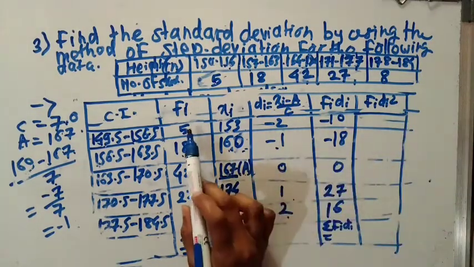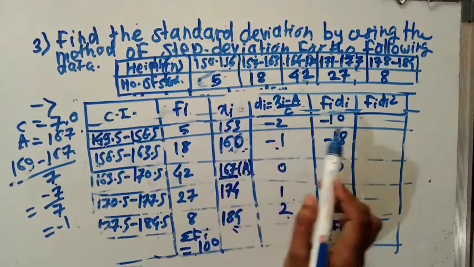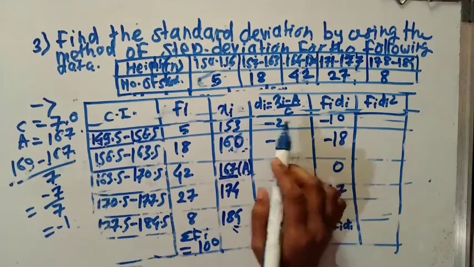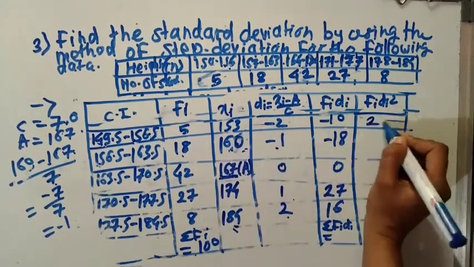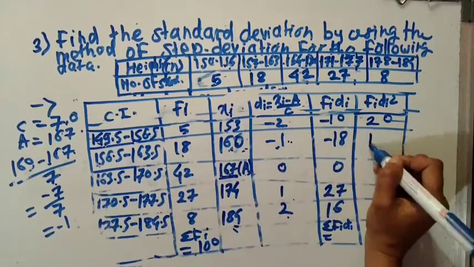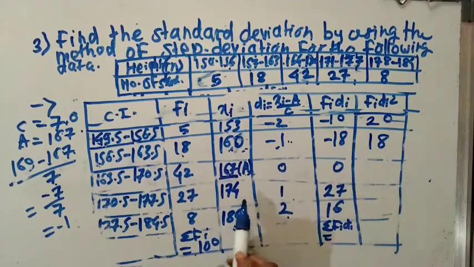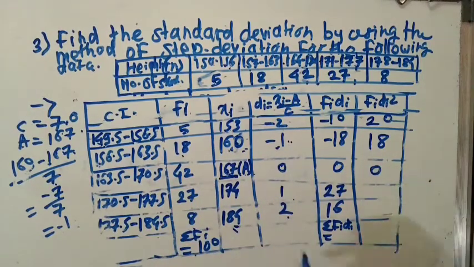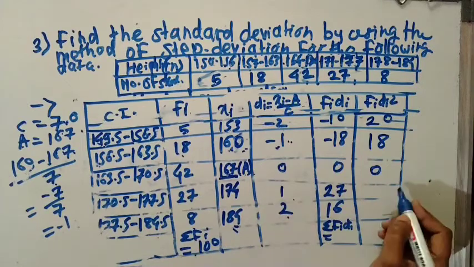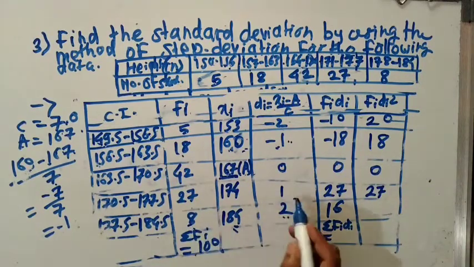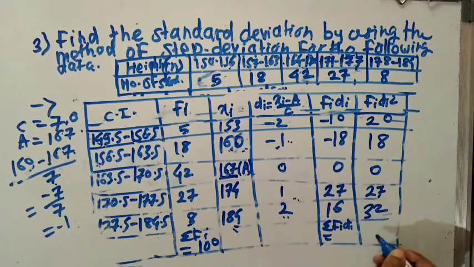For fi di square: 5 into 2 square is 20, 1 square is 1, 1 into 18 is 18, 0 square is 0, 27 into 1 square is 27, 2 square is 4, 8 into 4 is 32.